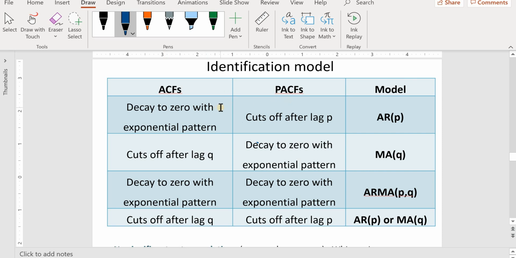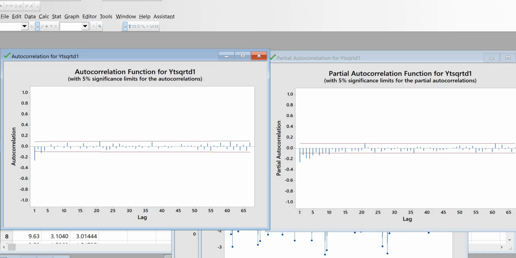So from here we know that we need to look at the ACF and PACF simultaneously, means that we interpret them together and then we identify the model. So this is the ACF and the PACF plot of the data.